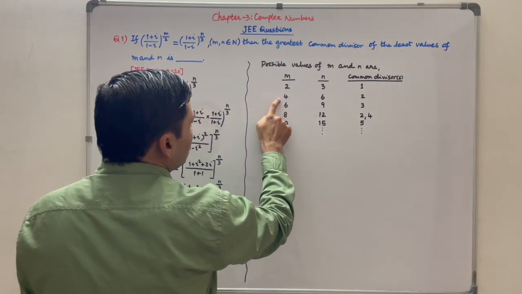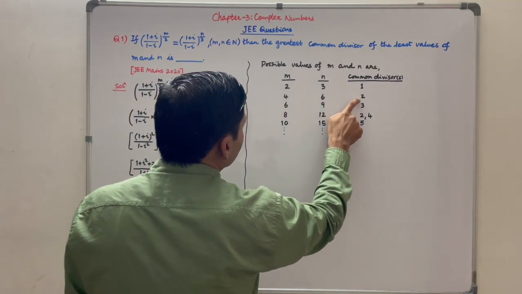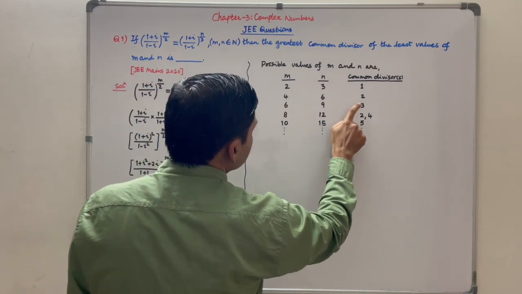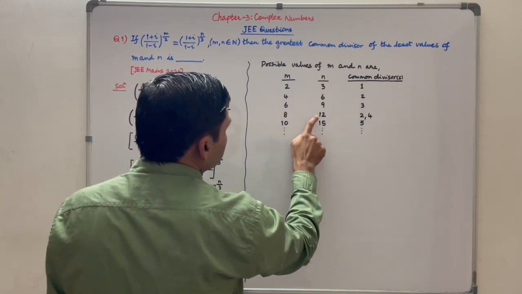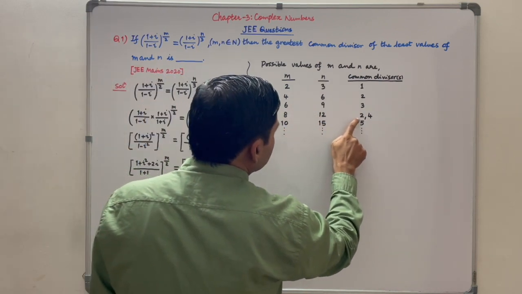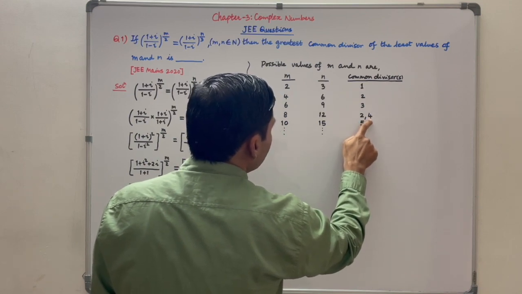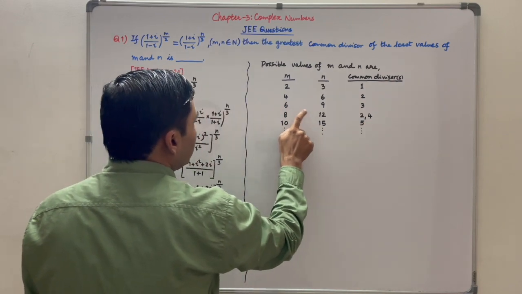When m is equal to 4 and n is equal to 6, common divisor is 2. When m is equal to 6 and n is equal to 9, common divisor is 3. When m is equal to 8 and n is equal to 12, common divisors are 2 and 4. So far 4 is the greatest common divisor for least values of m and n.